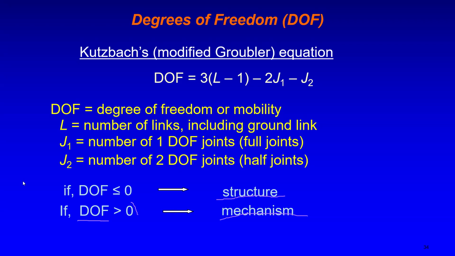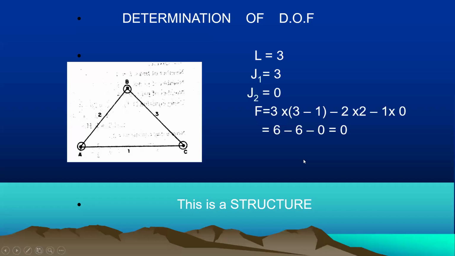Okay, let's continue. Let's look at examples. We have this drawing, and we don't know if it's a mechanism or a structure. We have nodes, node 1, node 2, node 3, and also we have links: link 1, link 2, and link 3.